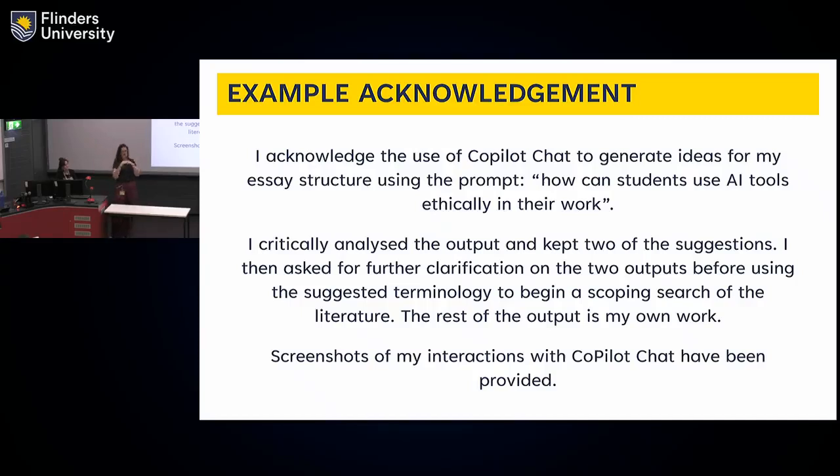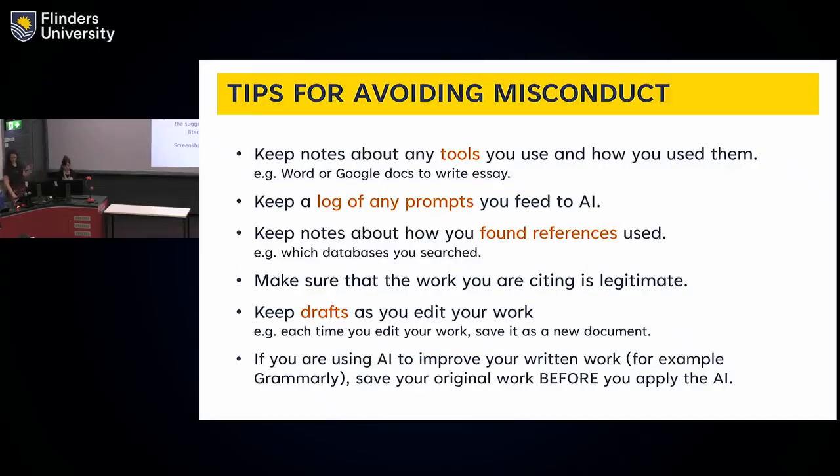I think that yes, this tool has been used within the limits of what is acceptable for this assignment. I can let it go and I don't need to follow through with more of an investigation. So this protects you in those cases and it makes your marker's job a lot easier. So try to be as detailed as you can in there.